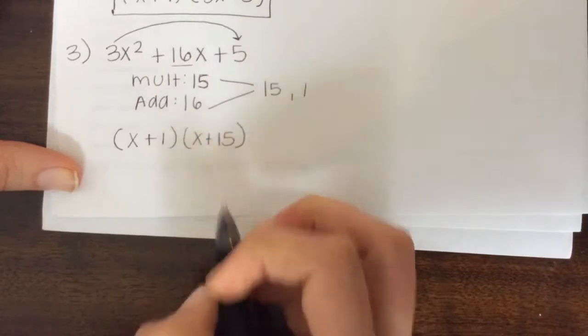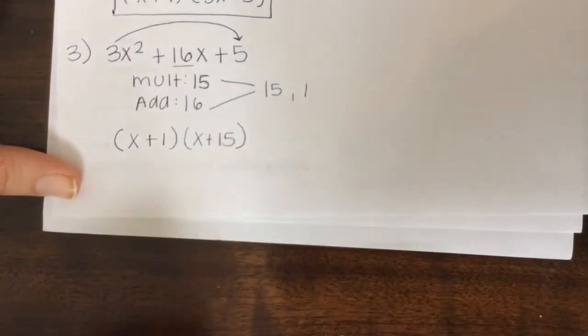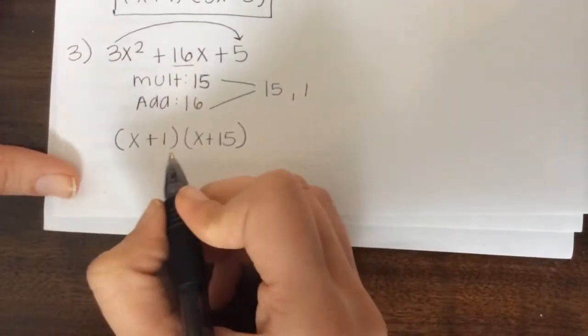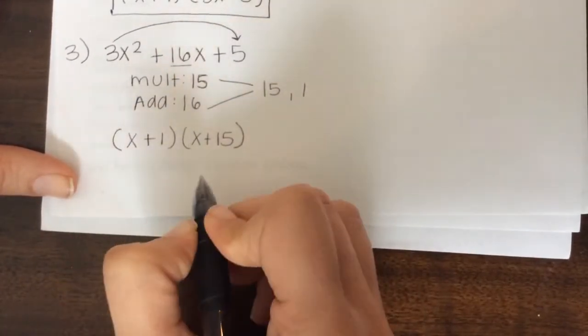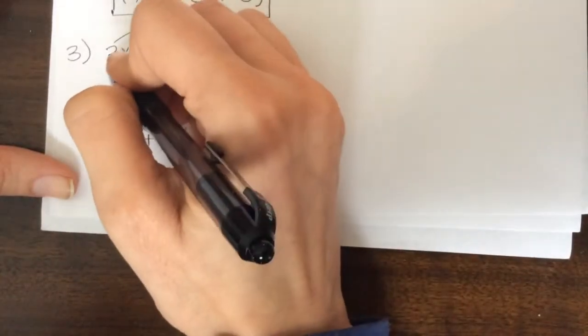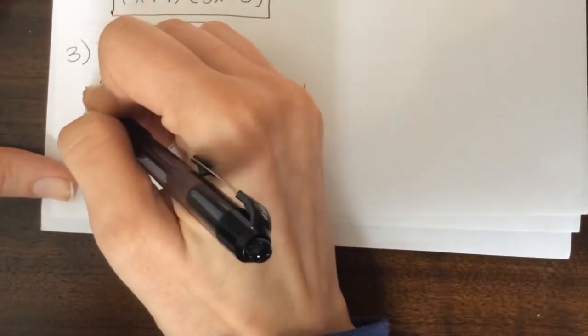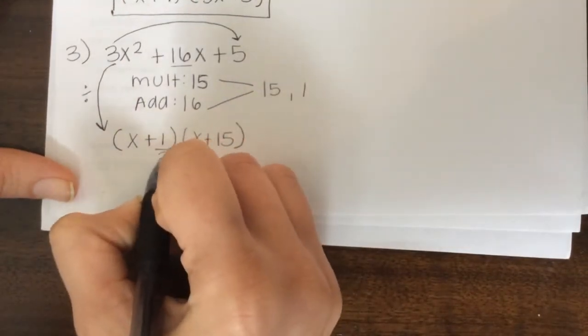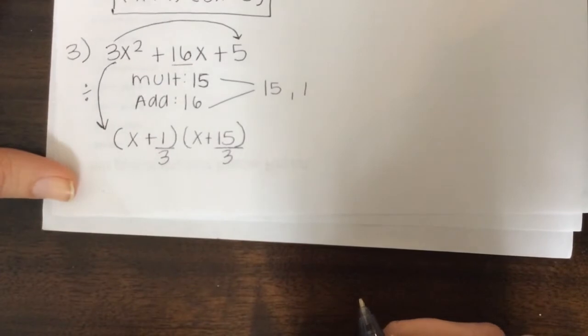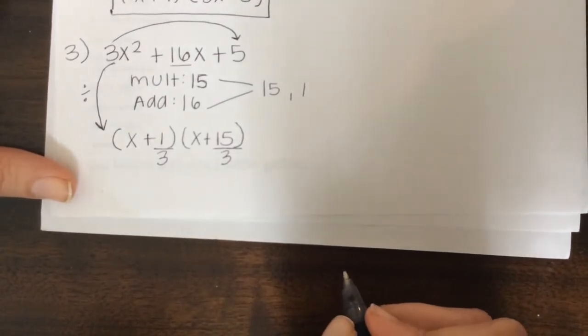It does not matter which order you write your factors in as long as they're both there. Remember that multiplication is commutative, so it can be x plus 15 and then x plus 1, or x plus 1 and then x plus 15. Okay, now we're ready for our divide step. So the 3 comes down and we divide both of our factors by 3.